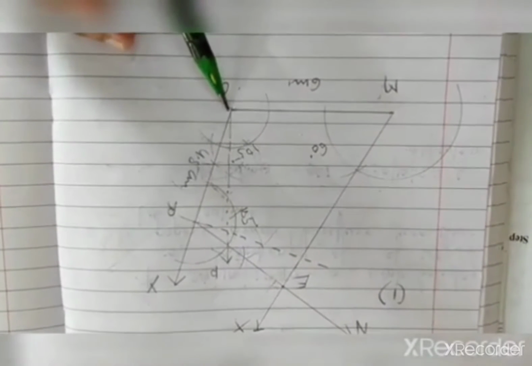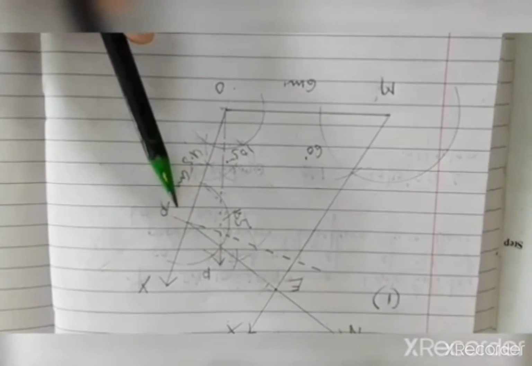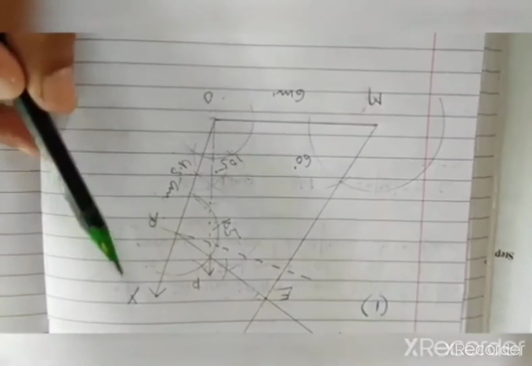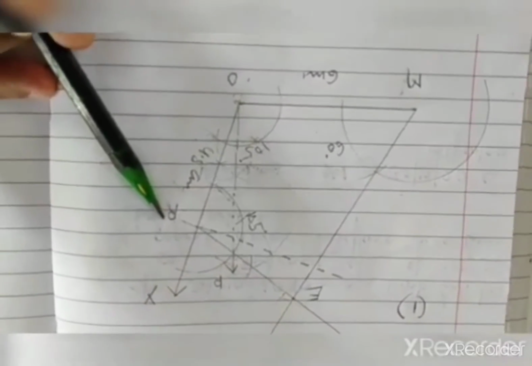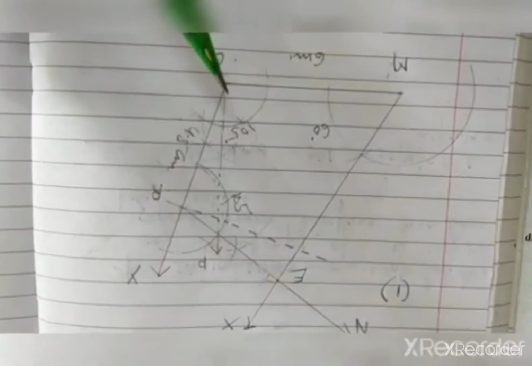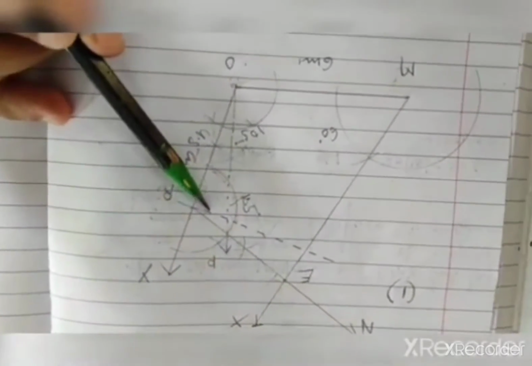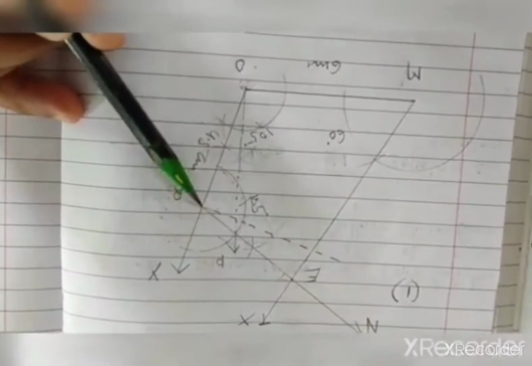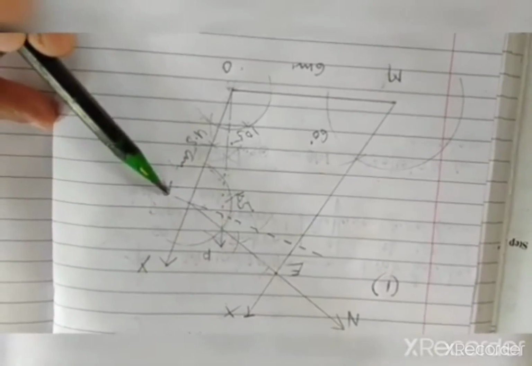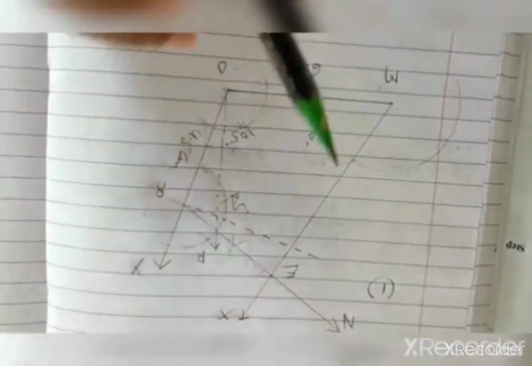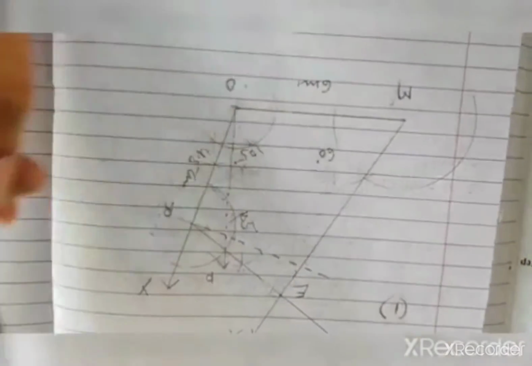Now O is the center, and by taking radius 4.5 centimeter, draw an arc which intersects ray OY at R. OR equal to 4.5 centimeter. Now form an angle ORZ 105 degrees, which intersects ray MX at E. Quadrilateral MORE is our required quadrilateral.